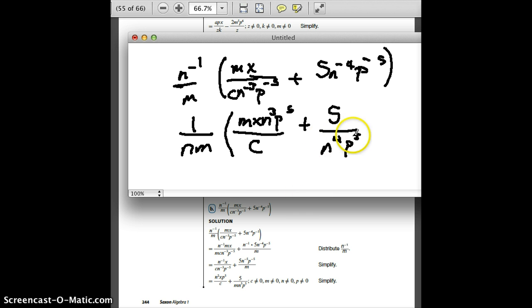Now I'm going to multiply it. I'm going to distribute this and this. So 1 times that doesn't change anything.